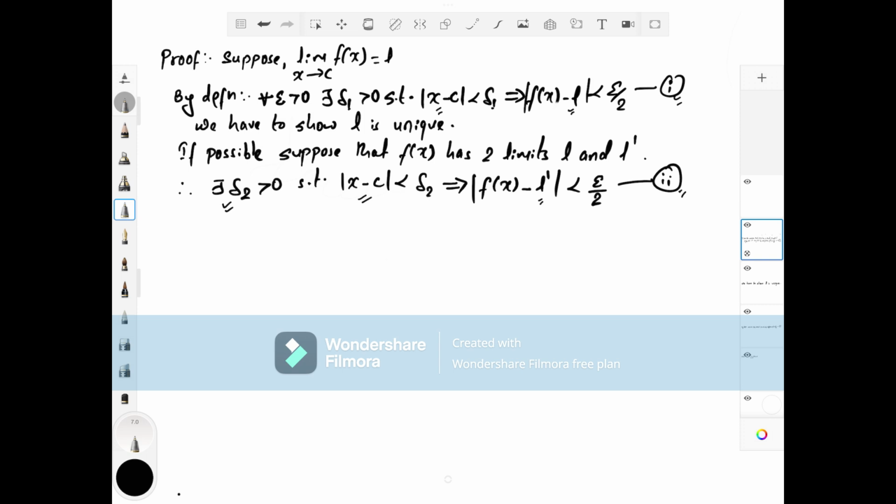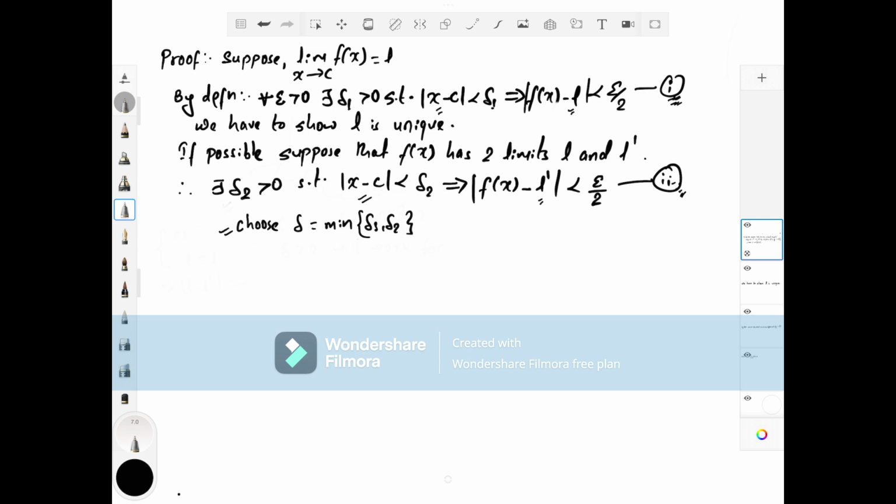Okay, now our next step is to choose delta equal to the minimum of delta 1 and delta 2. If we do this, then this delta will be true for both the inequalities 1 and 2. Delta 1 and delta 2 are both arbitrarily small numbers.